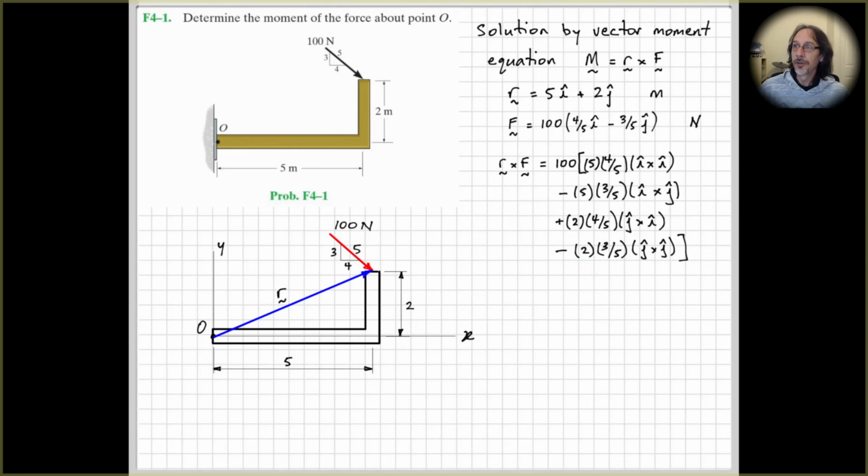Now hopefully you remember that the cross product of two vectors going in the same direction will be 0. So i cross i is 0, and also j cross j will be 0. But before that, hopefully you know that i cross j is equal to k, and then j cross i is equal to minus k.